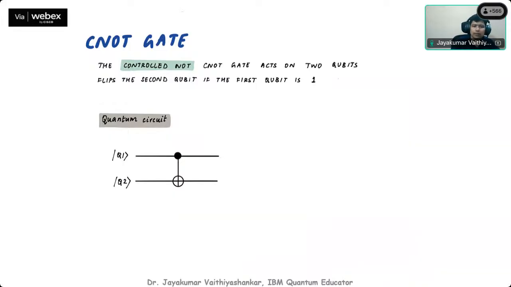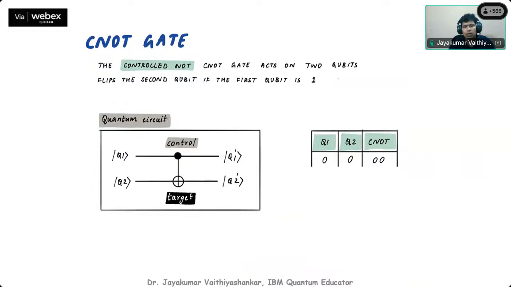In the control NOT gate, the first one is the control qubit, the second one is the target qubit. After going through the control NOT gate, your quantum state will get changed, Q1 dash, Q2 dash. Whatever you give for Q1 will impact Q2 according to the states. So 0 means there is no control. If there is no control, there is no change in Q2, so Q2 will retain as it is.